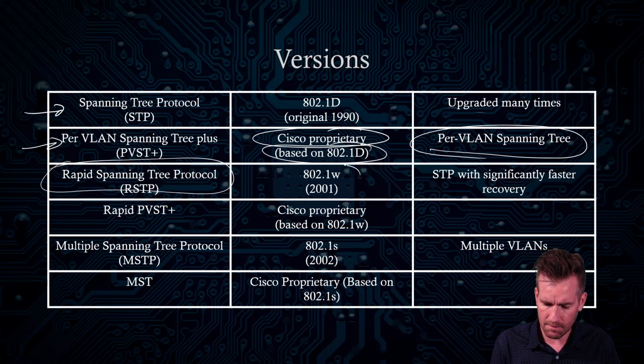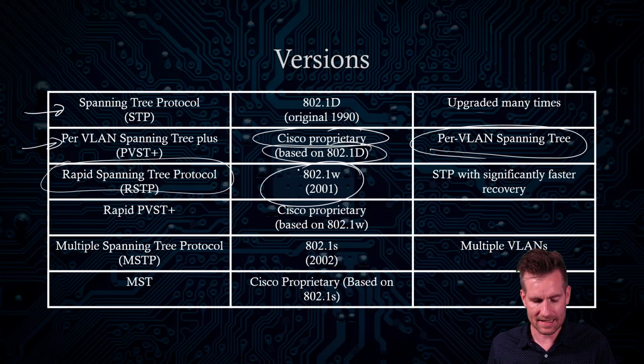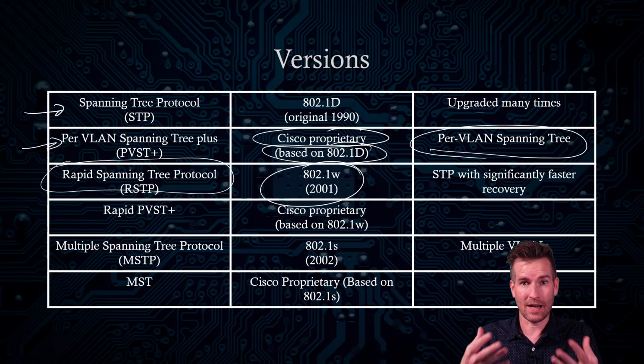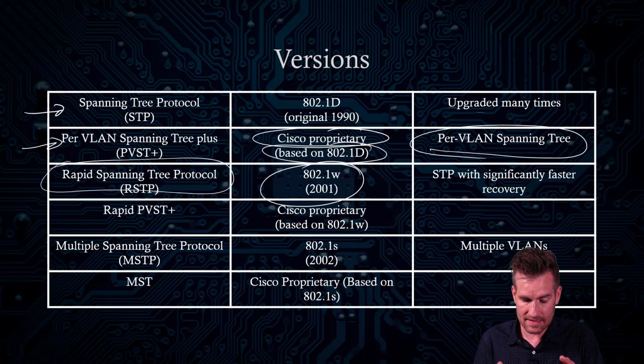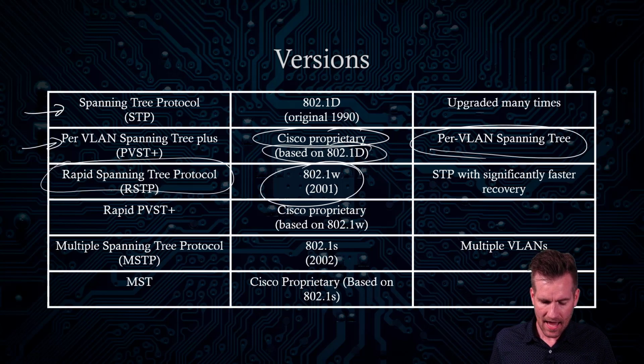That was defined by 802.1w. Then Cisco decided, hey, we want to create our own version of this, so they created rapid PVST plus. They took their PVST plus and incorporated some of the things that 802.1w had into it and created rapid PVST plus.